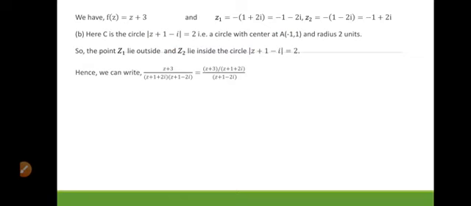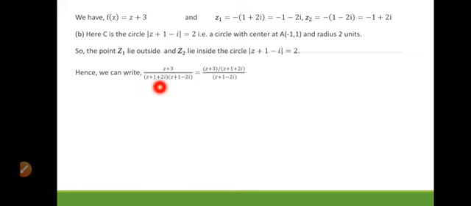Here we have to first rearrange the terms given in the integrand. So what we have done here: the point z1 lies outside. Point z1 is nothing but minus 1 minus 2i. Its corresponding factor is z plus 1 plus 2i.